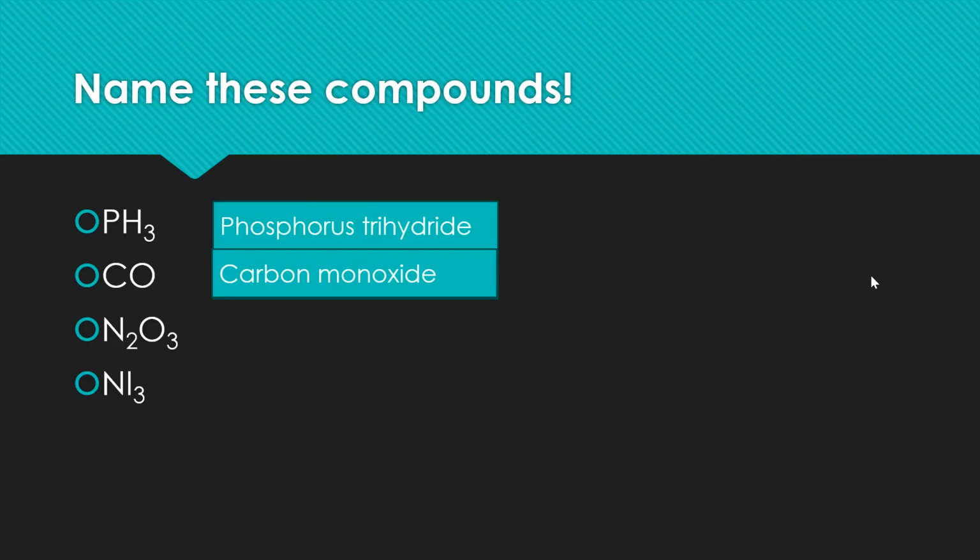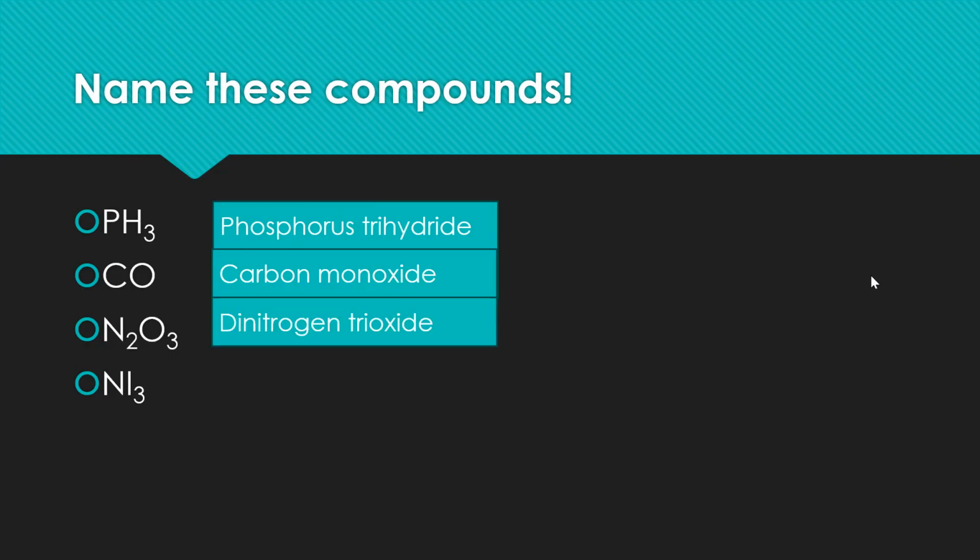The next one, we have nitrogen, and there's 2 of them, so I would say dinitrogen. And then we have oxygen, which we're going to use the IDE suffix, oxide. We have 3 of them, so trioxide. So this just becomes dinitrogen trioxide. Last one, nitrogen and iodine. Nitrogen, there's 1 of them, so we don't put a mono in the first element. So it'd be just nitrogen.